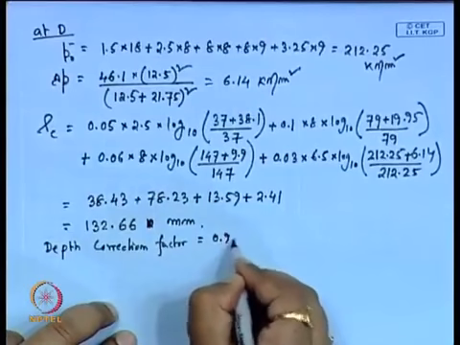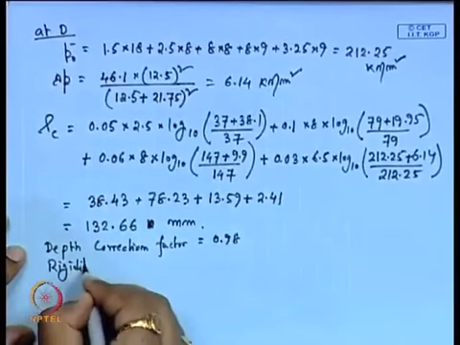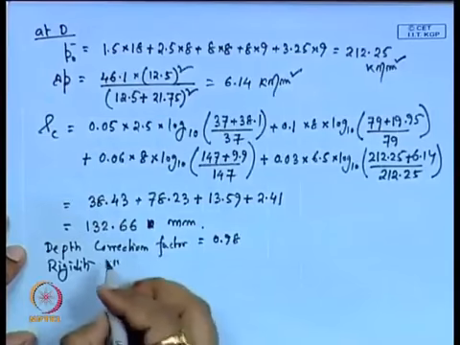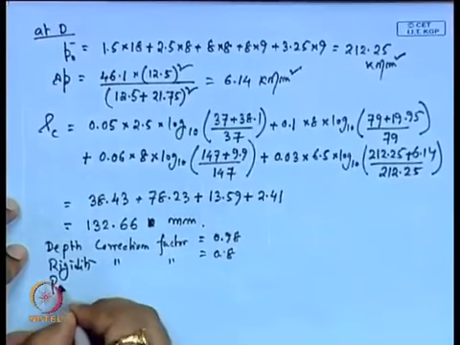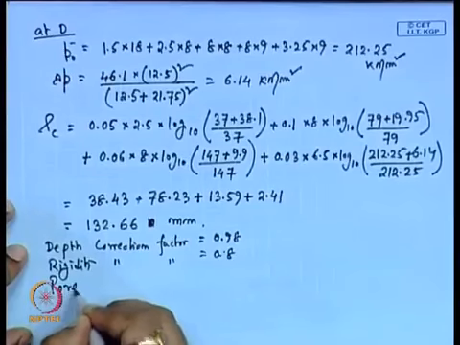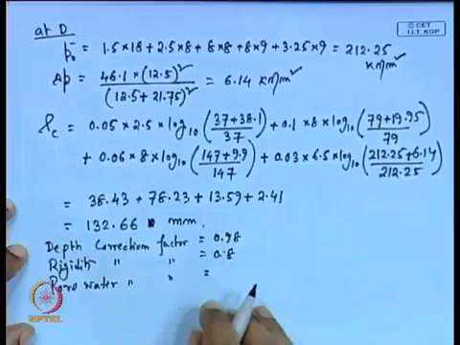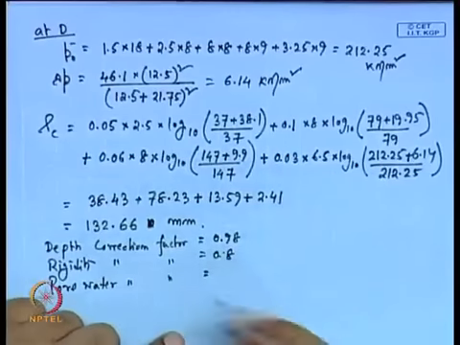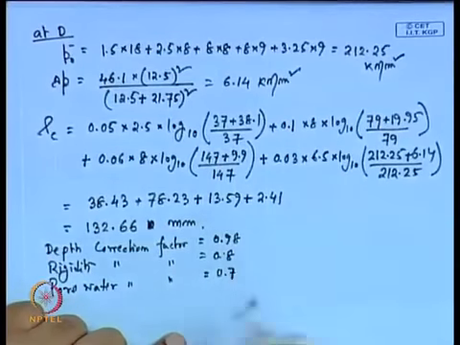is 0.98. This rigidity correction factor is 0.8 and then pore water correction factor. The properties that are given for this clay soil, from this chart it is coming 0.7.